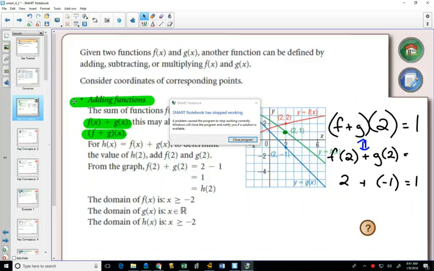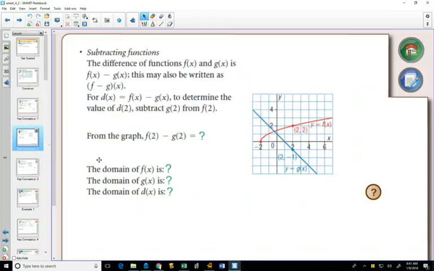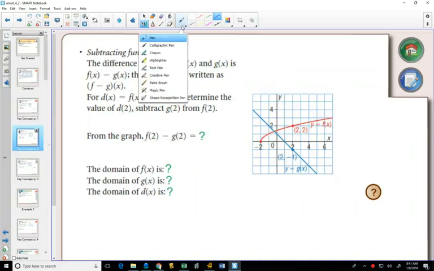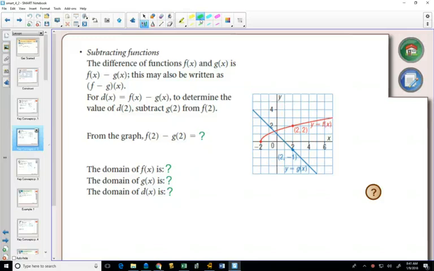Nice. So again, we can take out our highlighter here. Subtracting functions, here's the notation that you're used to. Here's a notation that means the same thing.